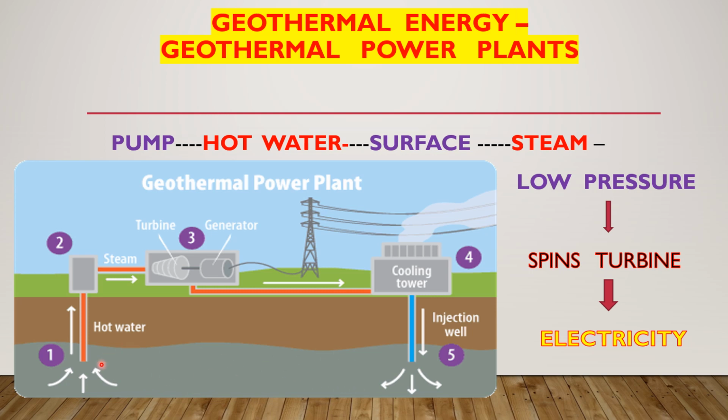So the hot water comes to the surface, steam is generated on further heating, then turbine, generator, electricity, cooling tower, then cool water into the injection well. Like that, the cycle of the geothermal power plant rotates, and as a result, electricity is produced. I hope you got it. Let's go on.